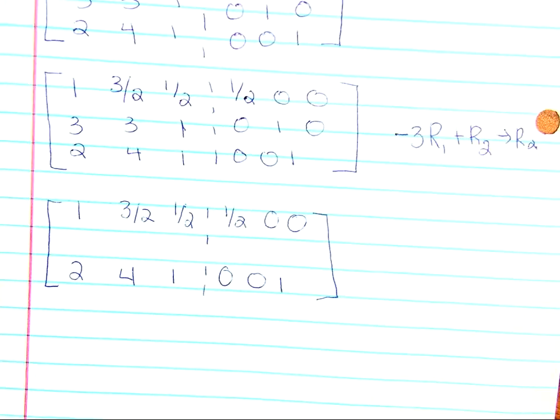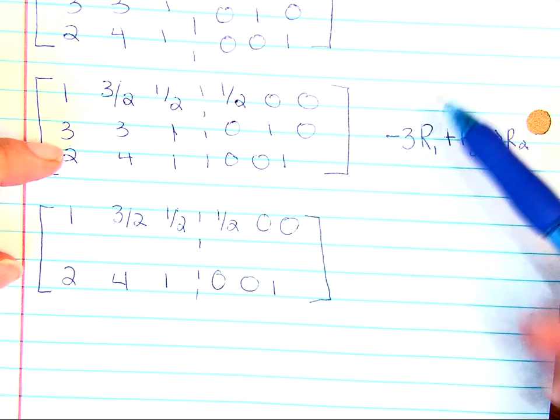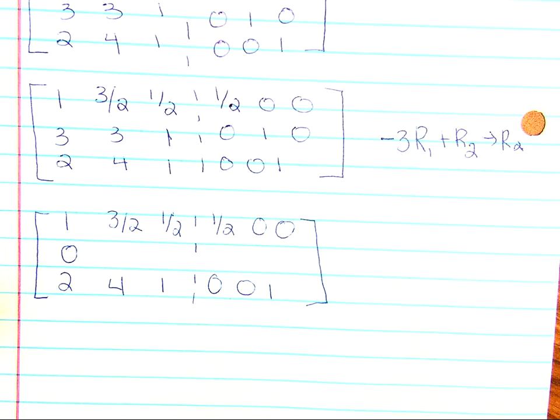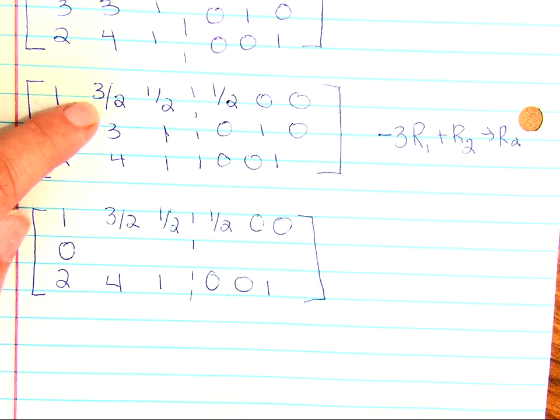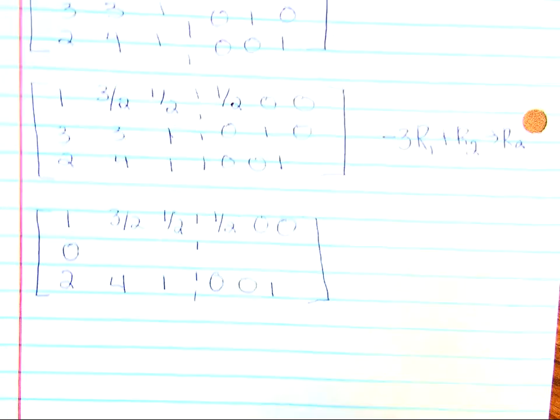So I'm taking -3 times 1 and adding it to 3, which will get me the 0 I want. Then I'm taking -3 times 3/2, and I am adding 3 to that, which will be -3/2 here.